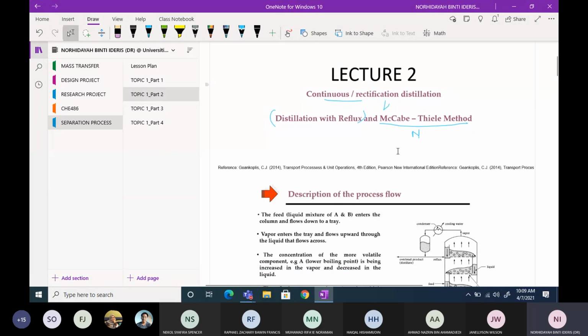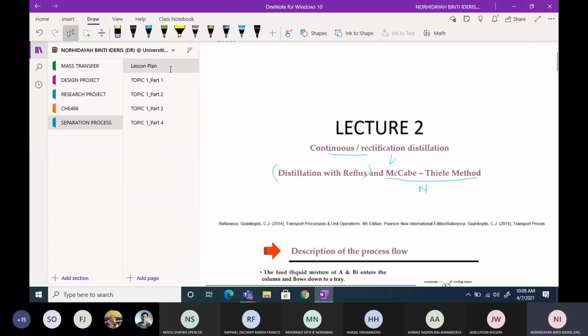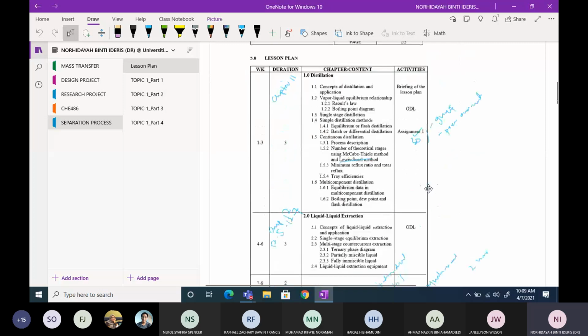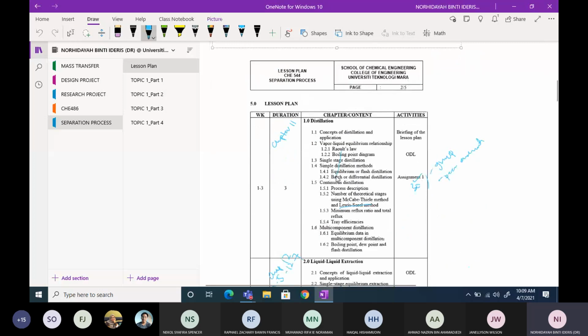If you look at our lesson plan, by right for today we should cover continuous distillation.